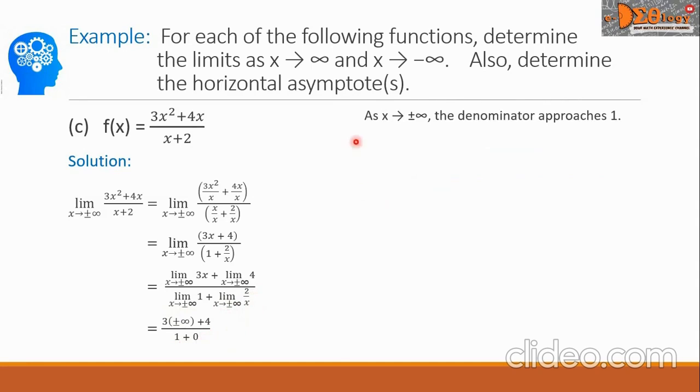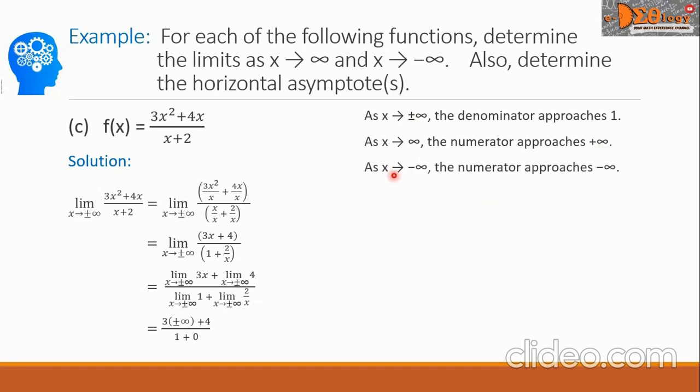We can see that as x approaches plus or minus infinity, the denominator approaches 1. As x approaches infinity, the numerator approaches positive infinity. As x approaches negative infinity, the numerator approaches negative infinity.